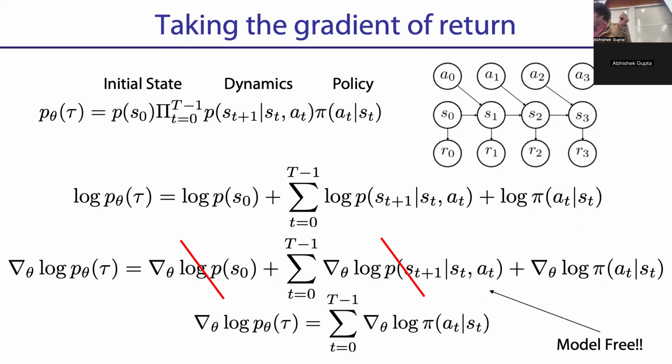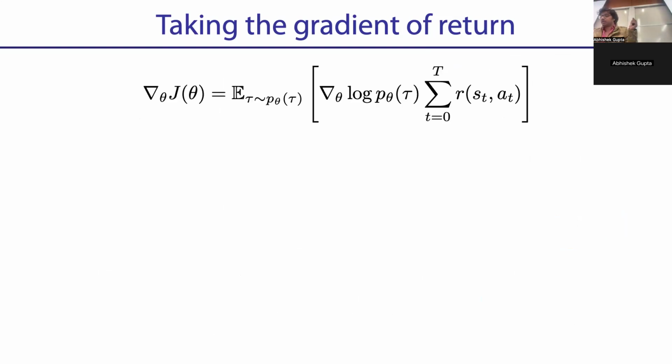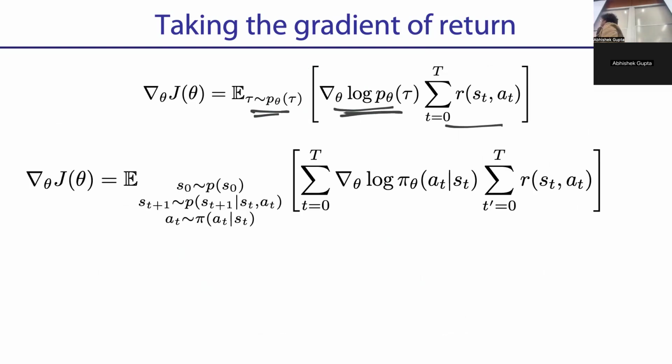So let's substitute it back into our previous expression. Our previous expression was the expectation over a trajectory sampled from p theta tau of grad theta log p theta tau, the gradient of the trajectory distribution, times the sum of rewards for a trajectory. But we actually expanded this, so we can rewrite this expression.